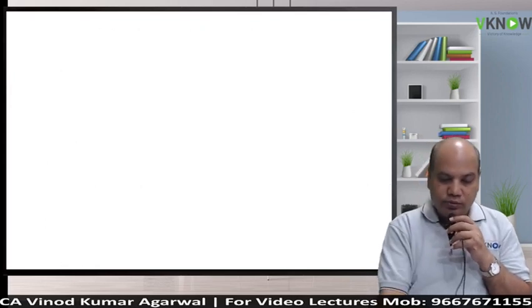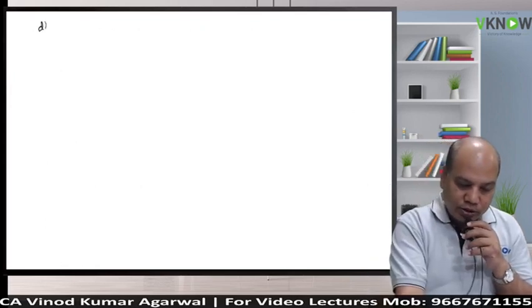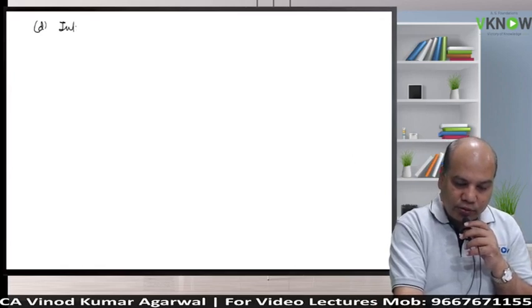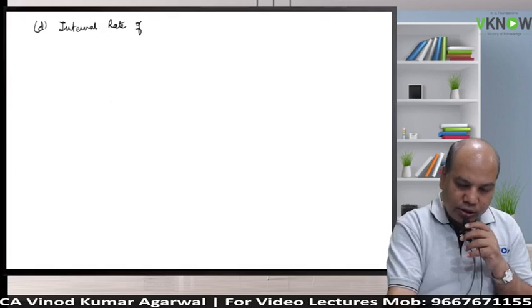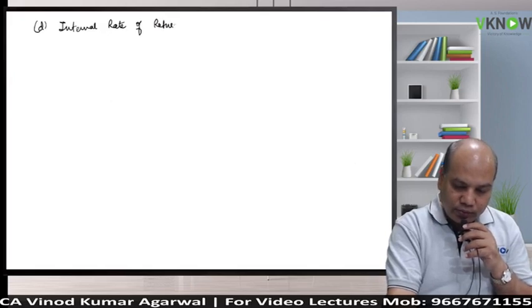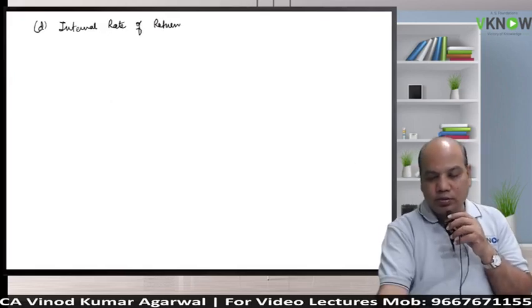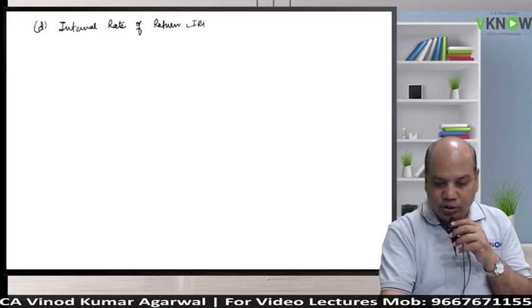Point number D, write down internal rate of return, popularly called IRR.